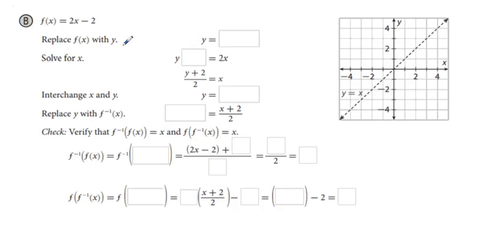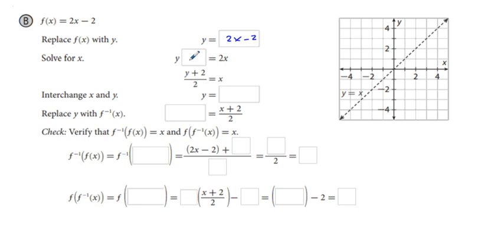Anyway, we have the whole process here that they go through in the steps. Replace f of x with y. So you have y equals 2x minus 2, and you go through here, solve for x.